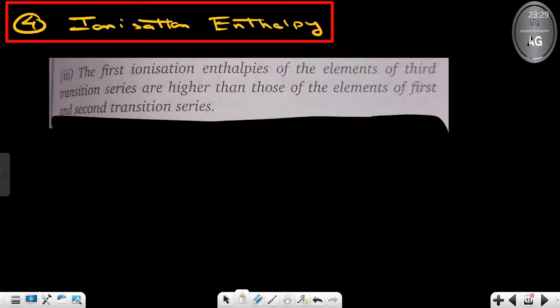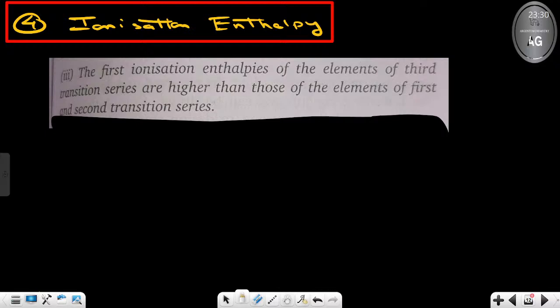The first ionization enthalpies of the third transition series are higher than those of elements of the first and second transition series. The first IP of the third series is greater than that of the second and the first series.